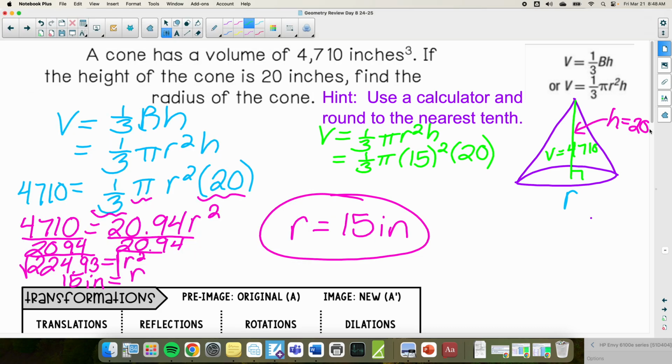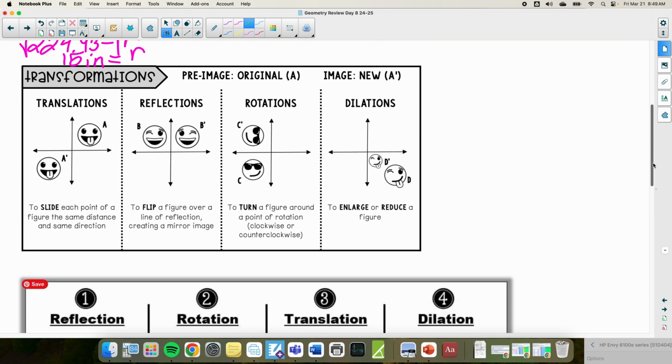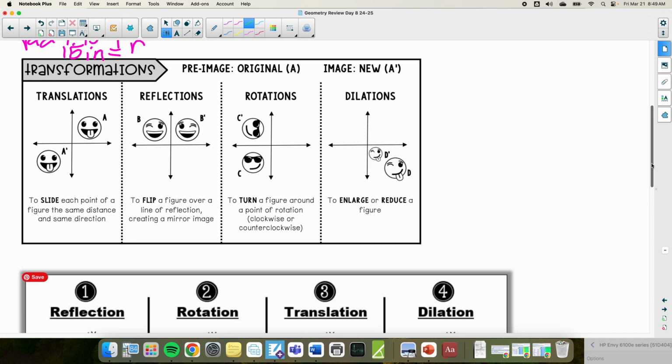All right, if we look down here, I'm just gonna talk about this for a little bit. The last thing that we talk about in this chapter is translations, reflections, rotations, and dilations that we just did, okay? Remember that a translation was just like a slide.